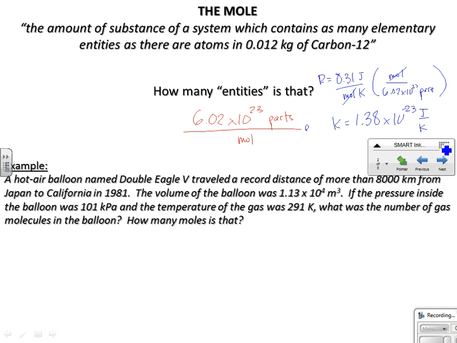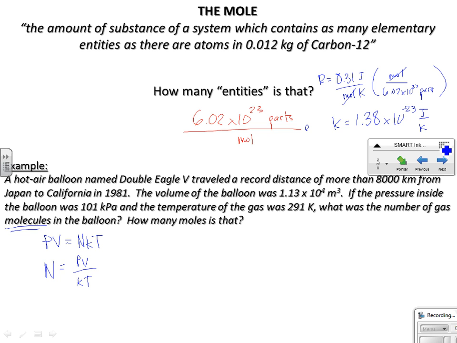Okay, here's a question about a hot air balloon. There's our volume, there's our pressure, there's our temperature, what's the number of gas molecules? So that is an equation of state problem, and we're going to use NkT. Number of molecules, we're looking for big N. N equals PV over kT. So pressure, 101,000.